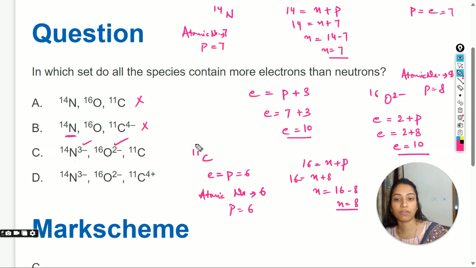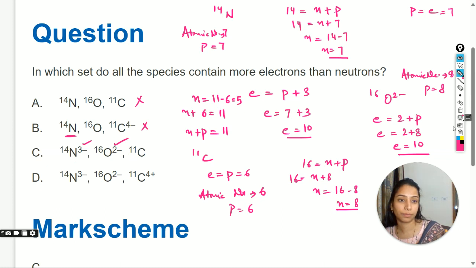And this 11 shows the mass number, which means number of neutrons plus number of protons equal to 11, and we will put here the value of P, number of protons, 6. So N plus 6 is equal to 11, which means N is equal to 11 minus 6, that is 5.